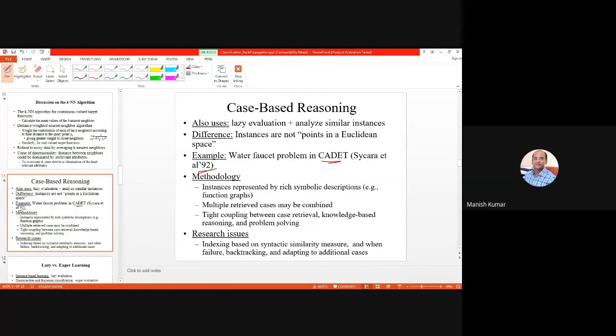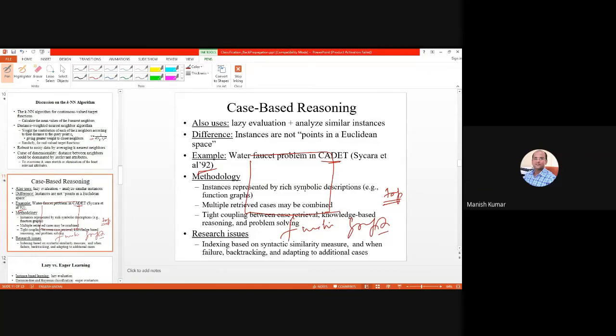In case-based reasoning, suppose you require a tap for your house. So your requirement is a tap. Now, how does this reasoning decide what class of tap you require? In terms of a function graph, we represent the entire thing.